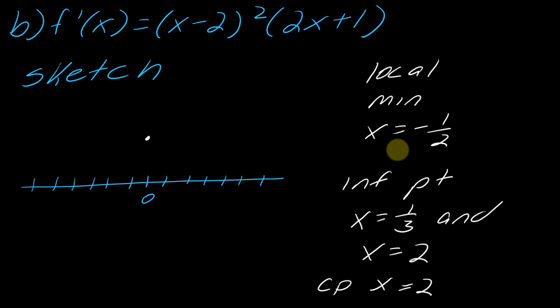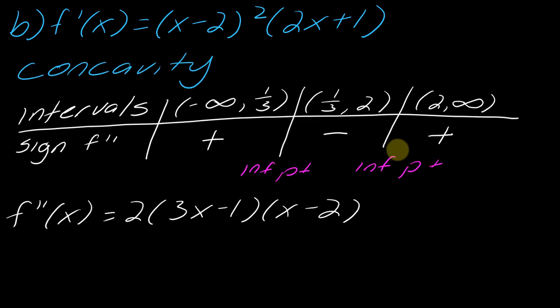So I'm decreasing to this point, and then I need to increase to positive 2. So why don't I just put positive 2 here? Now, the other thing I have to worry about with this is also my concavity. So I know at 1/3, I need to have a change in concavity, and then also at 2.